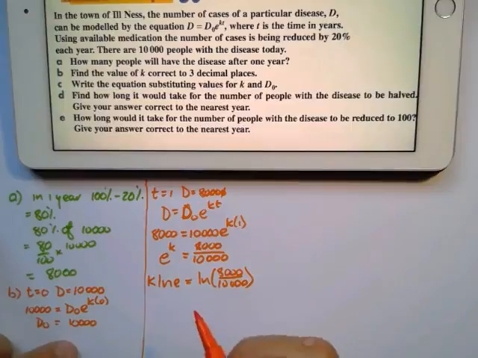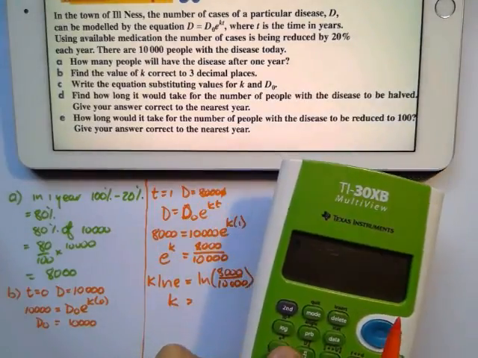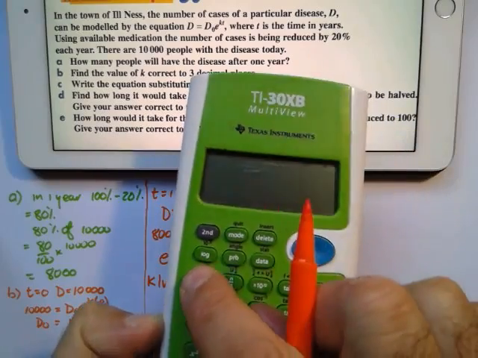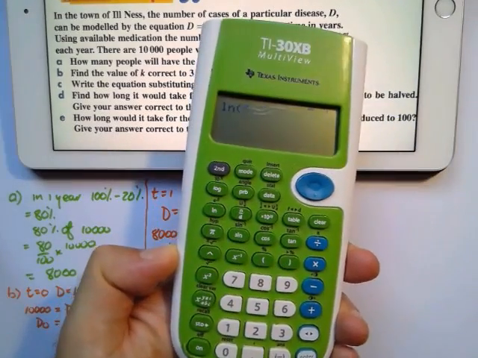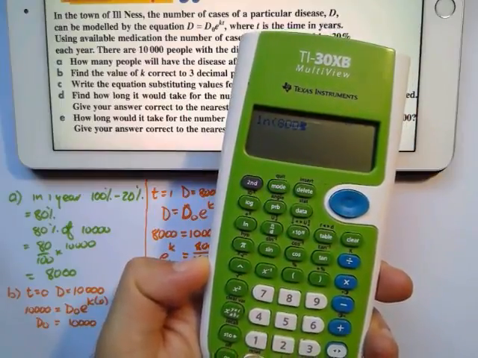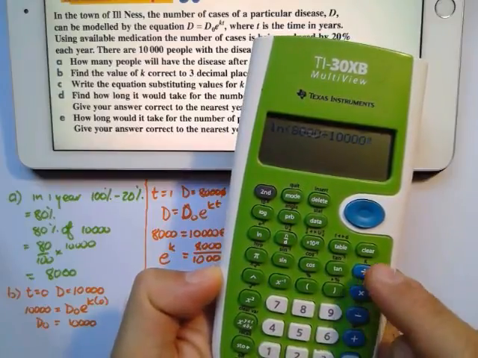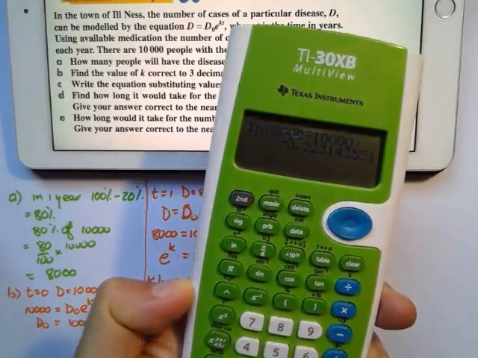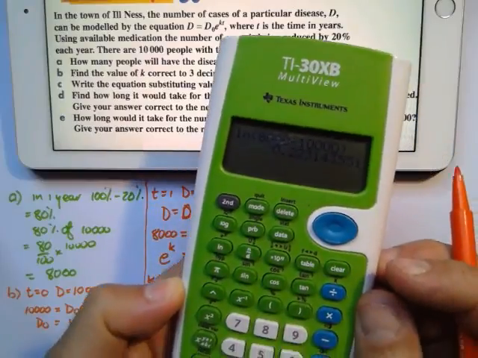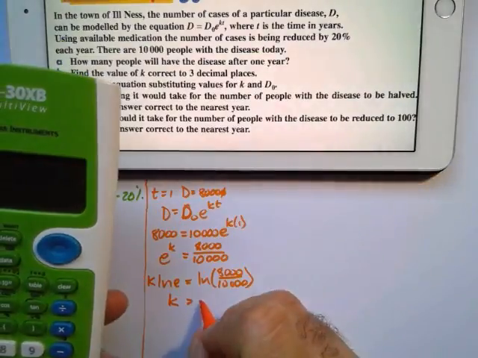ln e is 1, therefore k equals, I use my calculator, there's my ln. I'm going to say the ln of 8,000 divided by 10,000, close bracket, enter, is negative 0.223.